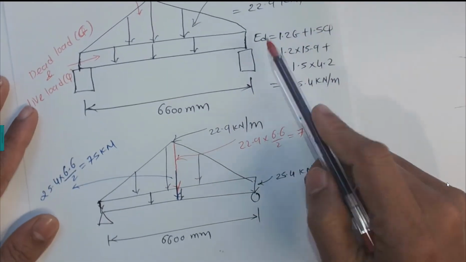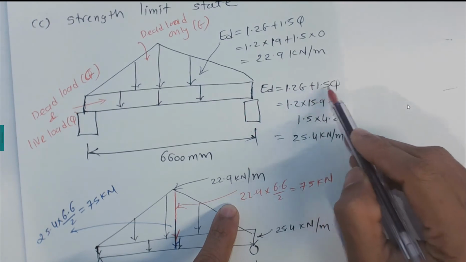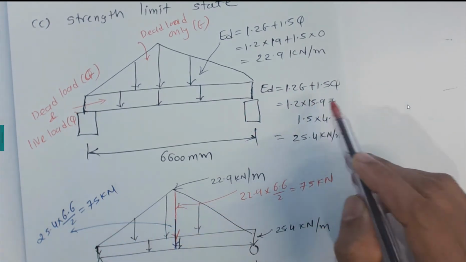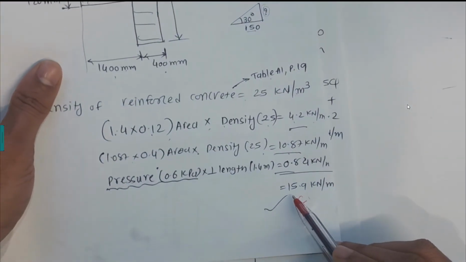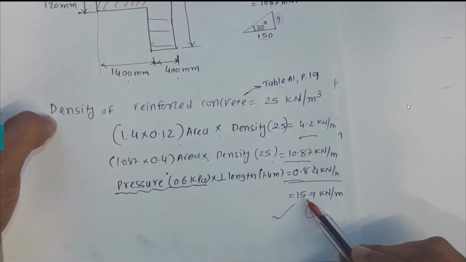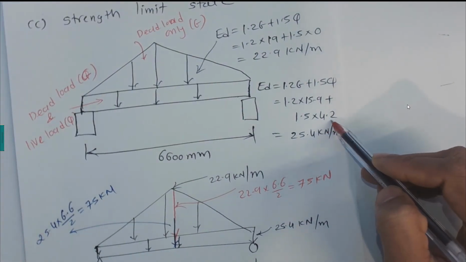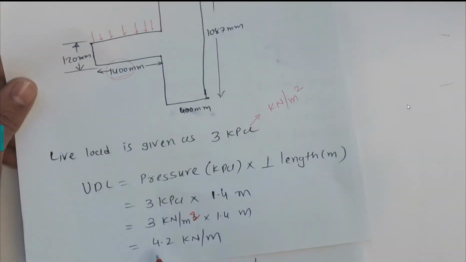So that's the equation here. 1.2 times the dead load, which is 15.9, that we calculated in the previous video, plus 1.5 times 4.2, the live load of 4.2 kilonewton per meter that we calculated in this video.